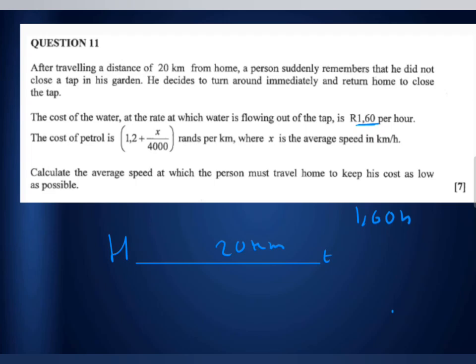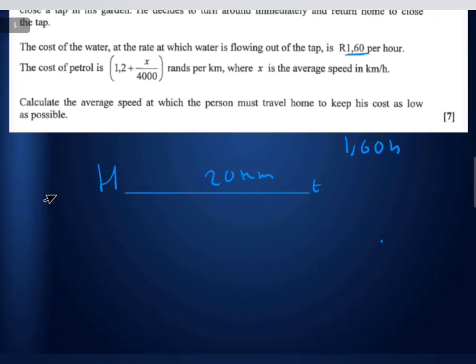So let's come up with the equation of the cost. Remember, we're given two costs: the cost at which water is flowing out of the tap, and the cost of petrol. Whenever they give you different costs, you can just add them to get the total cost. So this is going to be 1.2 plus x over 4,000, which is the cost of petrol, and it depends on the speed.